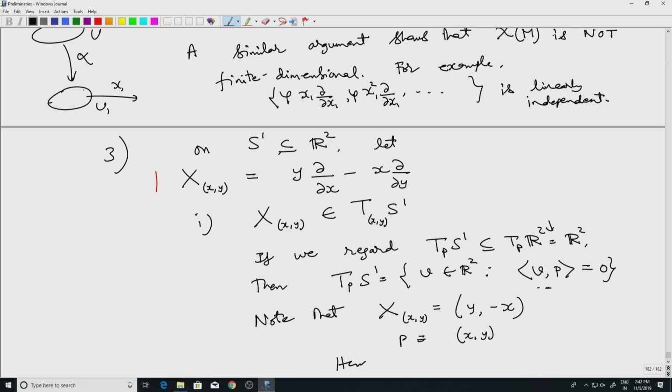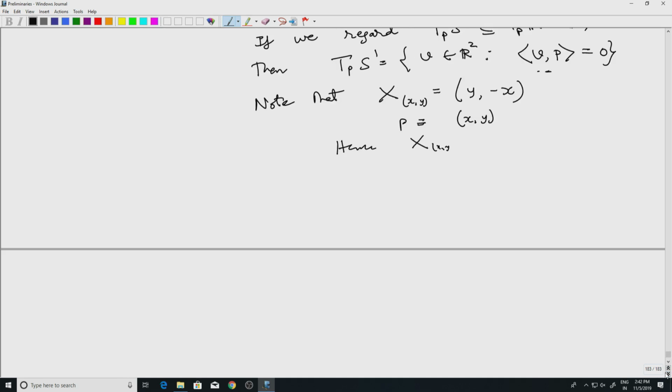Hence X at (x, y) belongs to T_(x,y) S¹, right.